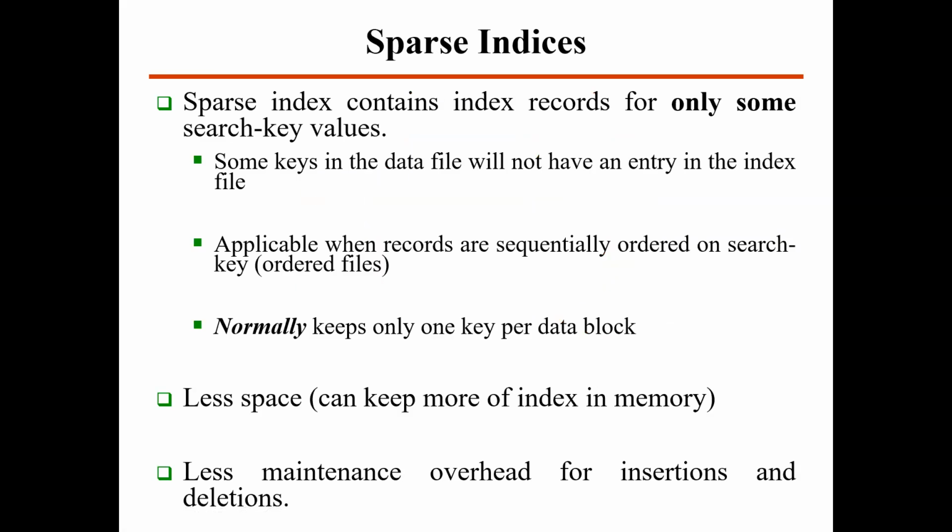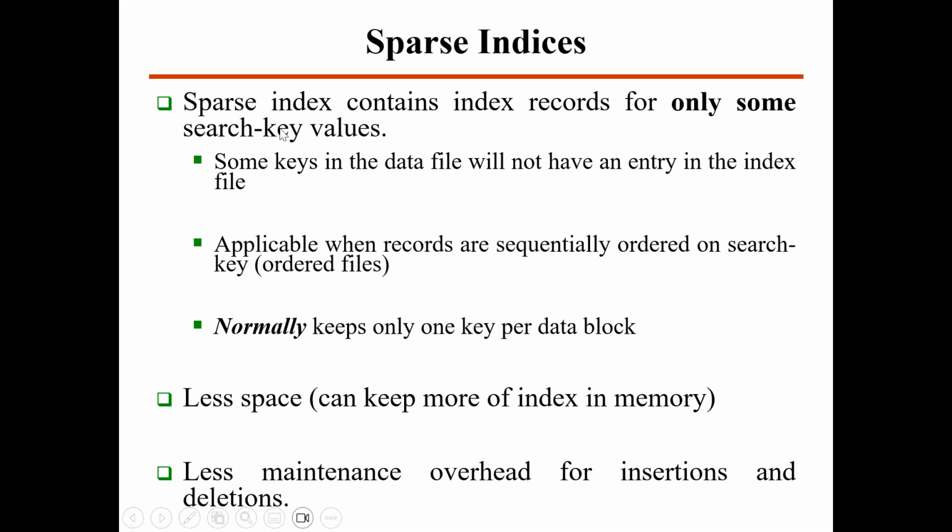Now let us talk about the sparse indexes. The sparse index contains index records for a few search values, or you can say the index entries in this sparse index point to a block inside the data file.